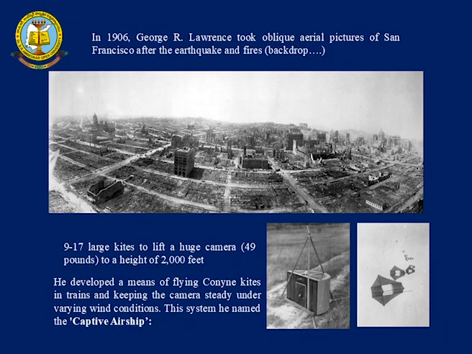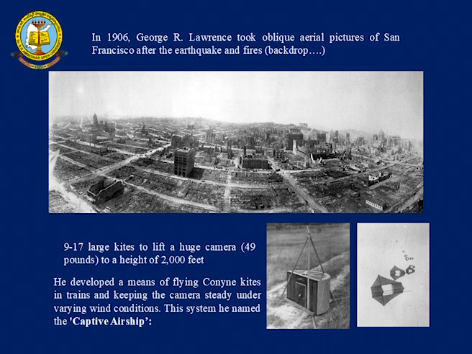Then, continuing the journey, around 1906 George Lawrence also took pictures of San Francisco after the great earthquake using kite aerial photography. But the process of taking pictures by Lawrence was different from that of Arthur Butwood.